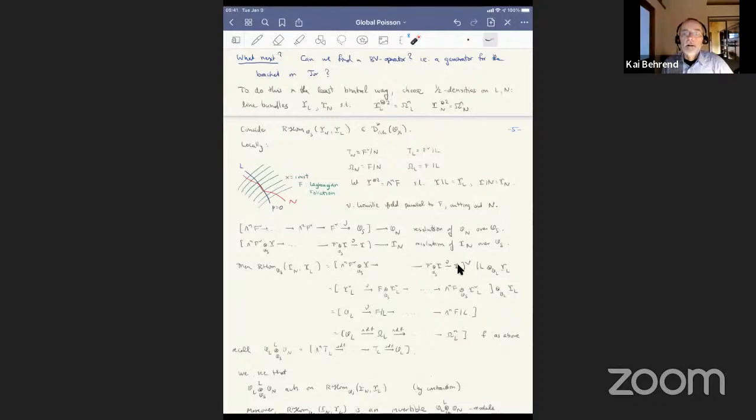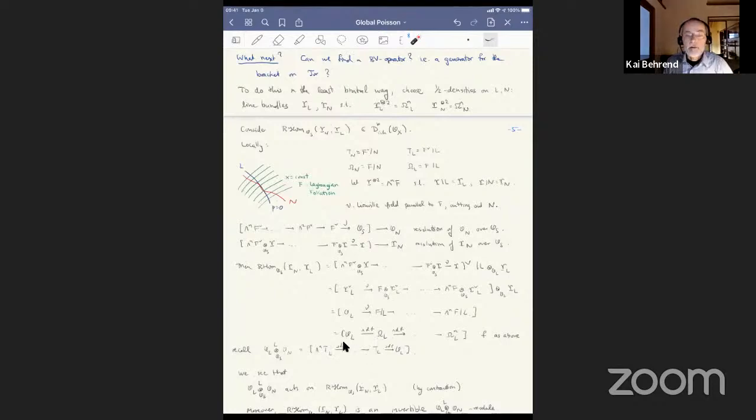So this epsilon turns into epsilon dual, this F turns into F tensor epsilon dual, and so on. Then, because I tensor with omega L, epsilon restricted to L becomes epsilon L. This epsilon cancels, and I get this thing here, and F turns into omega.